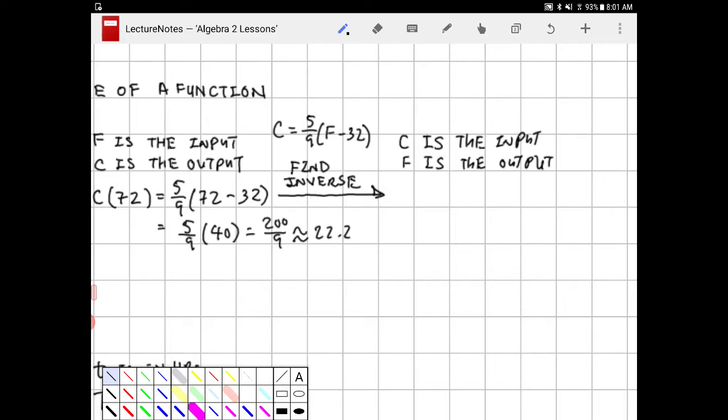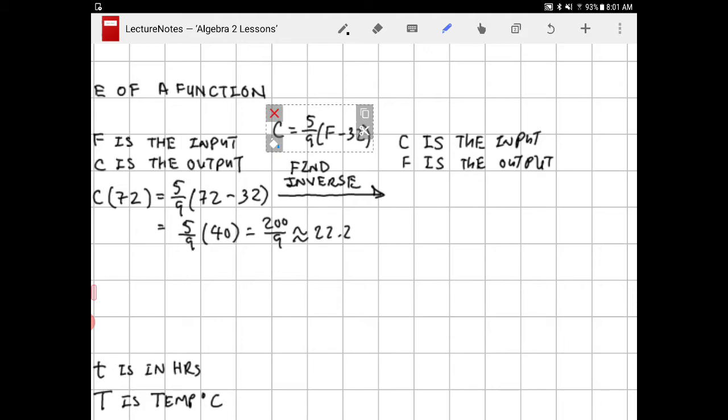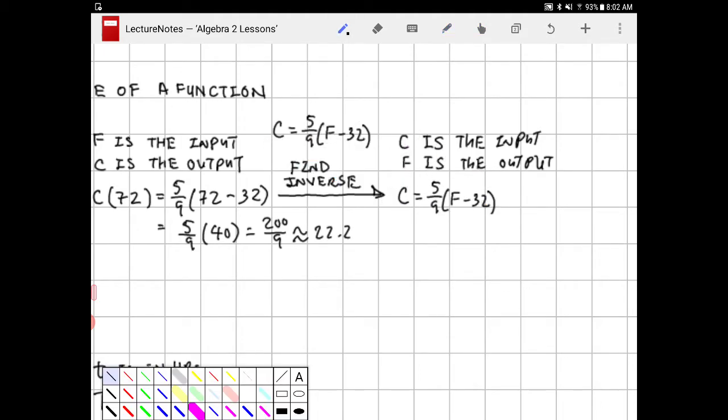Now to find the inverse, we're going to isolate F. So we're going to multiply both sides by 9/5. So I have 9/5 C is equal to F minus 32. I'm going to add 32 to both sides. So I have 9/5 C plus 32 is equal to F.